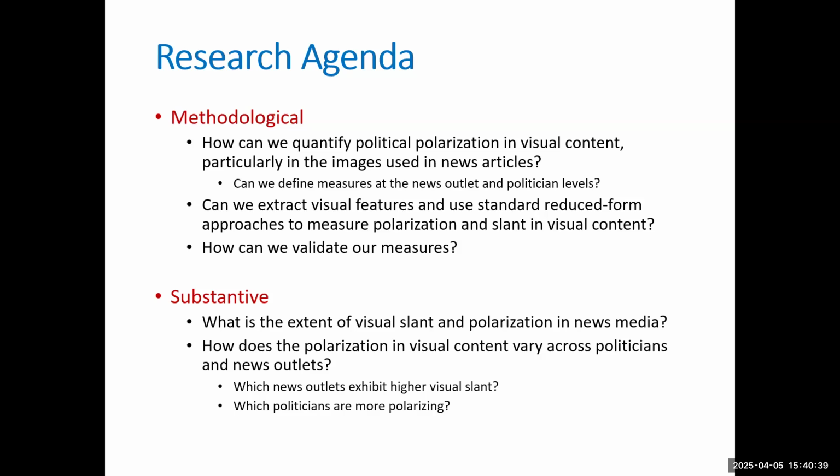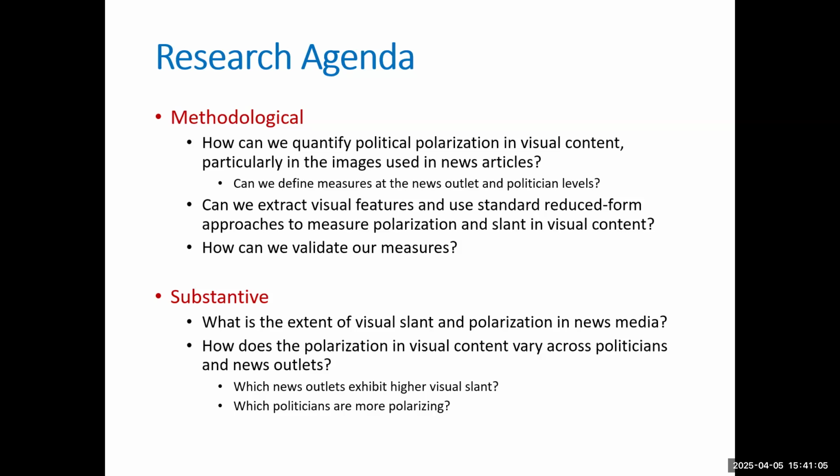Another sub-question that we ask is, can we extract visual features from the data, using some off-the-shelf algorithms, and use them in some form of reduced form specification? You can see where I'm going with this is that, yeah, it's not going to work really well. I'm going to show you some evidence on that. Another question is about how to validate the measure that we develop. So it's a measurement paper at its core.